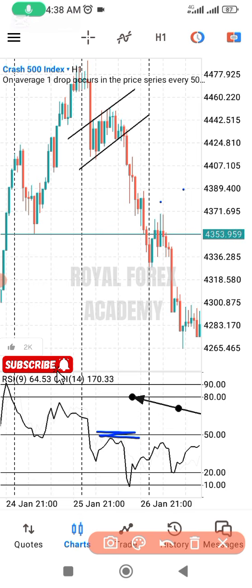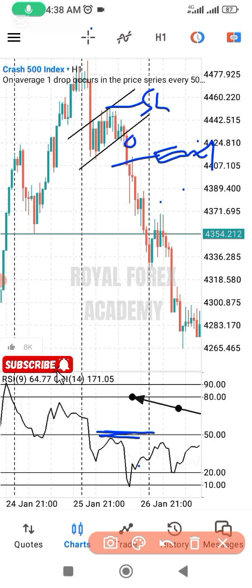So if CCI is below the 50 zone, as you are seeing, and that is the scenario, once price breaks out of your chart pattern, look at this candle, close below it, you make your entry, you put your stop loss here. Here is your stop loss, here is your entry based on this candle.